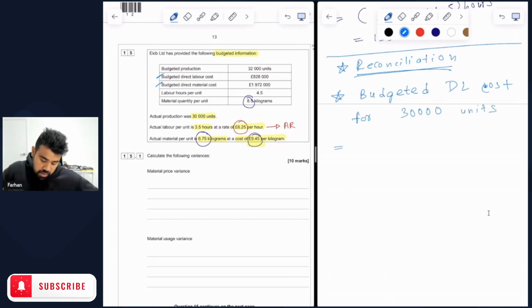Okay, for 30,000 units, how many labor hours would we have budgeted? 30,000 times 4.5, right? 30,000 times 4.5 tells you the total number of hours that we would have budgeted for 30,000 units. All right. What would have been the cost for this total number of labor hours that we would have budgeted?